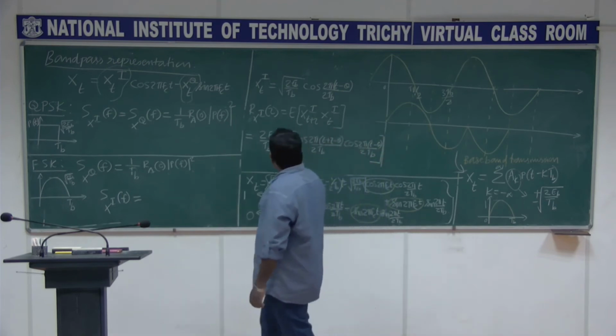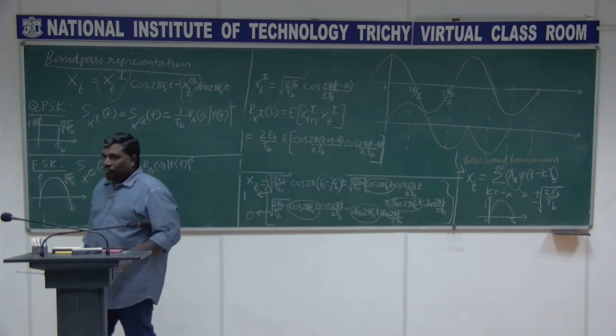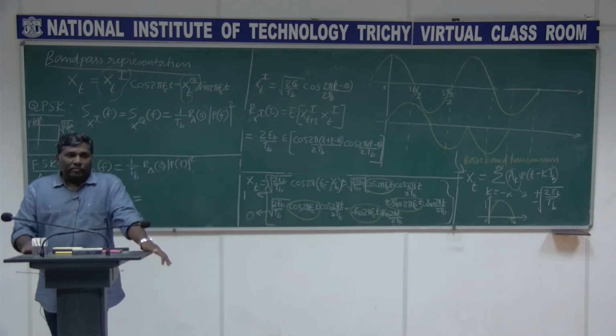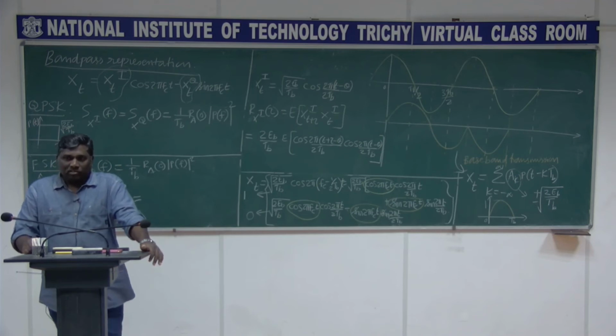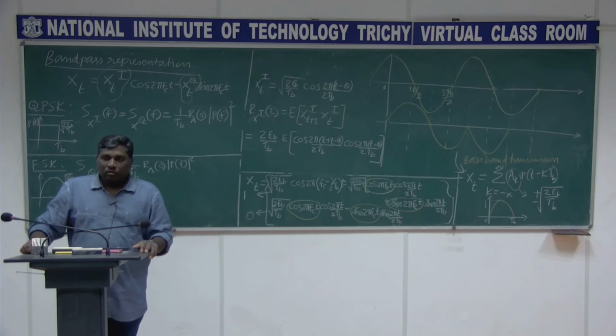right? So this is what you get, and this is of the form cos A cos B, which is half of cos (A plus B) plus cos (A minus B), right? It is in the cos A plus cos B format.